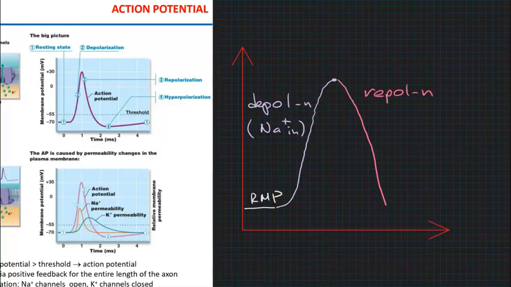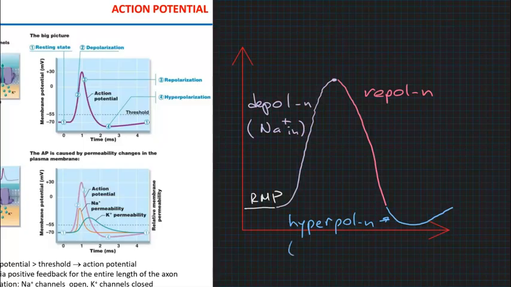Repolarization. Cell repolarizes. But remember, those channels are slow. Correct? Yes. So potassium channels will stay open. And this overshoot is called hyperpolarization. And then eventually the sodium-potassium pump brings it back to normal.